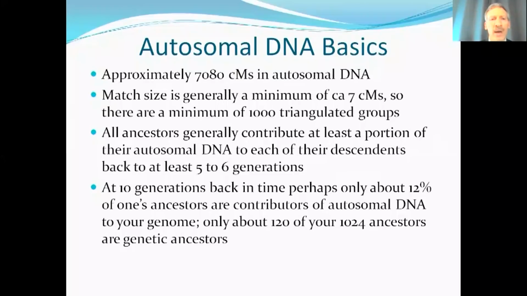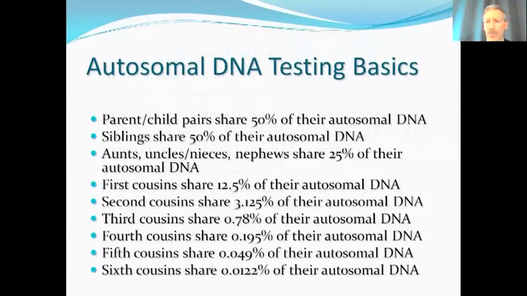So if you go back to around 10 generations or so, it's been estimated that only around 12% or so of your ancestors are contributing to your genetic makeup. So in other words, only about 120 or so of your 1,024 ancestors at 10 generations back are actually your genetic ancestors.